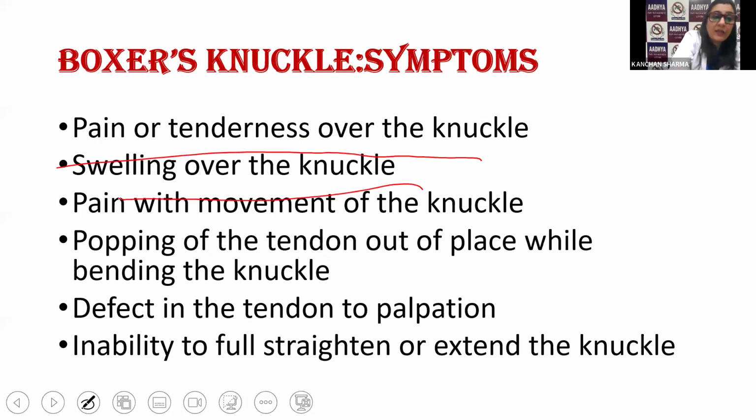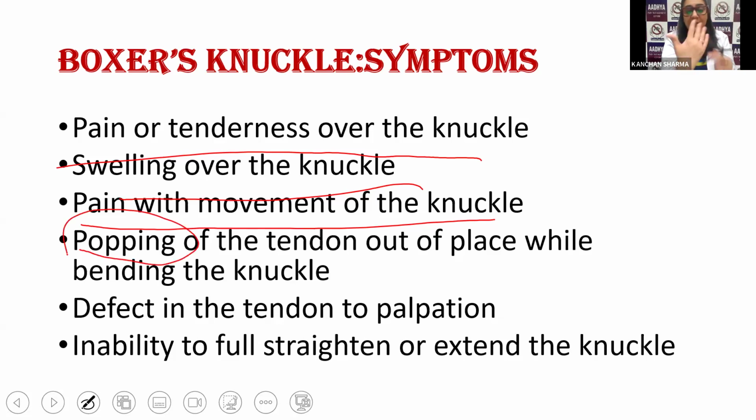There'll be swelling. There'll be pain when they're just moving their knuckles, right? And sometimes a popping sound will also be there. Why? Because these tendons go exactly over this head, right? So whenever I'm doing flexion and extension, there might be some kind of popping of the tendon out of its place.